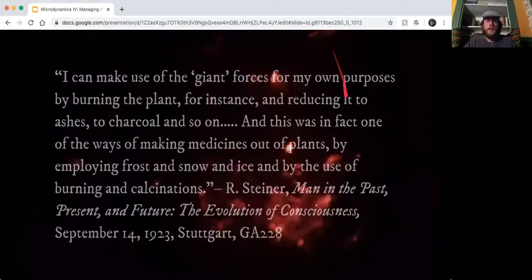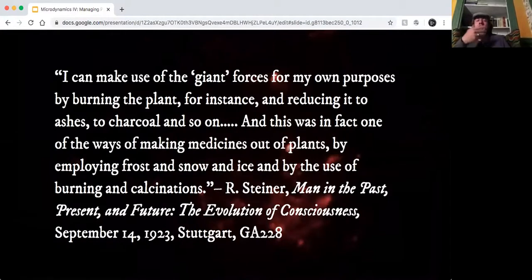So here's an interesting quote from another book of Steiner's. This has a question of giant forces, which is an odd term, but he's talking about these ancient druids, and they did some of this stuff. He says, "I can make use of giant forces for my own purposes by burning the plant, for instance, and reducing it to ashes, to charcoal and so on." In our case, we're really after that alchemical salt.